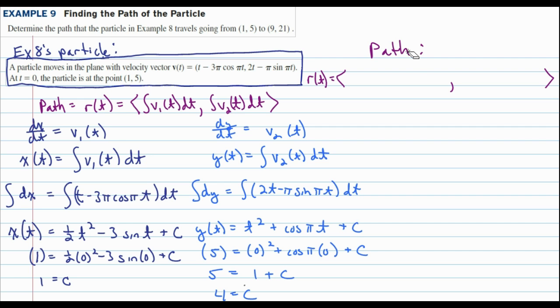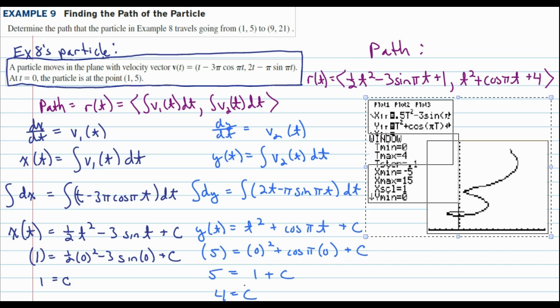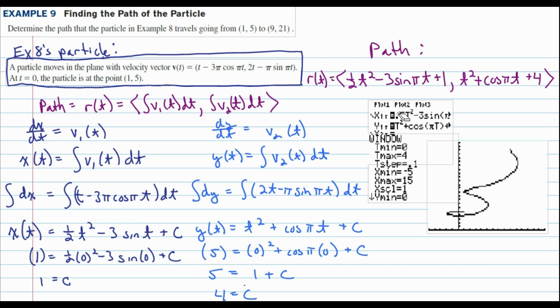So now I can tell you that the path is going to be the horizontal expression for position plus the constant we found, 1, and then the vertical expression for position plus the constant 4. Now I can put that in the calculator. I put the horizontal into x1, the vertical into y1.